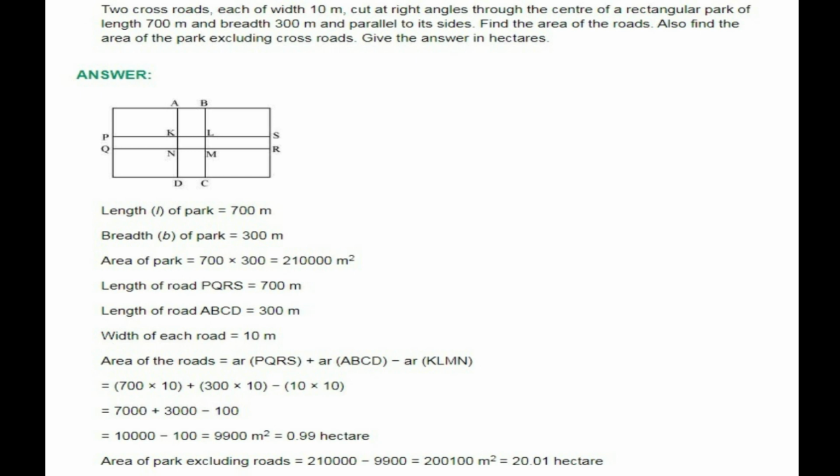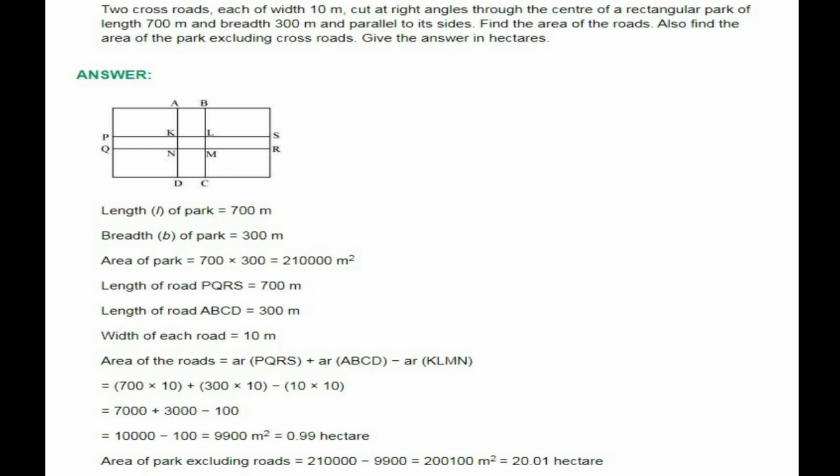Now we have to find the area of the roads. There are 2 roads, PQRS and ABCD. PQRS is parallel to the length and ABCD is parallel to the breadth. How can we get the value of PQRS? 700 is the length, and we multiply it with 10, because the width is 10.